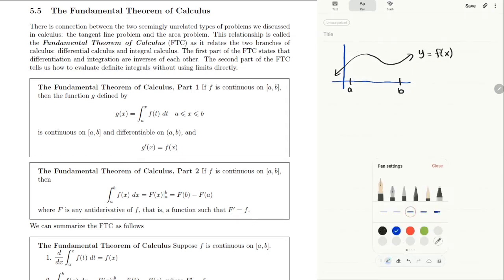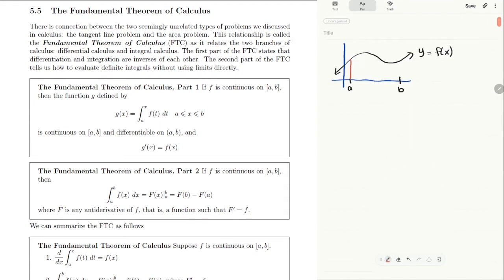Now the function g is defined to be the integral from a to x of f of t dt.